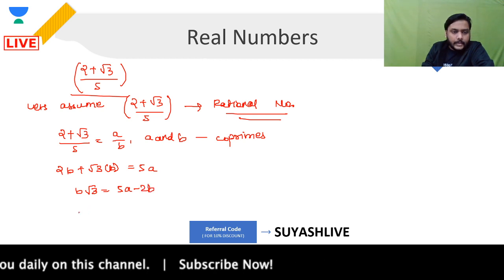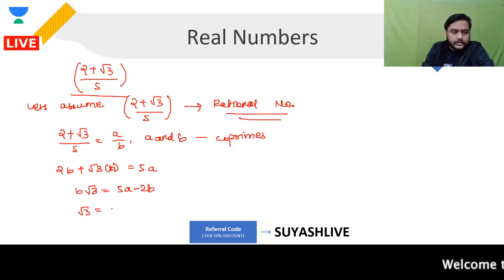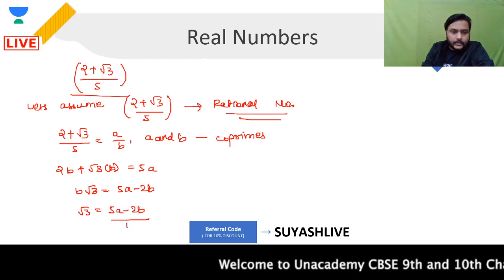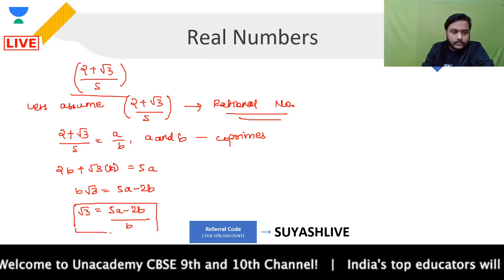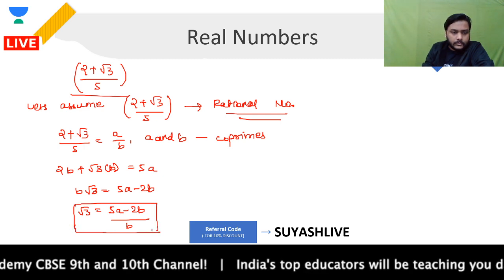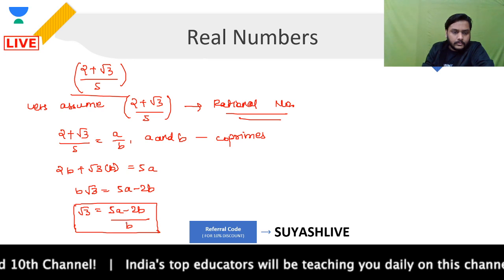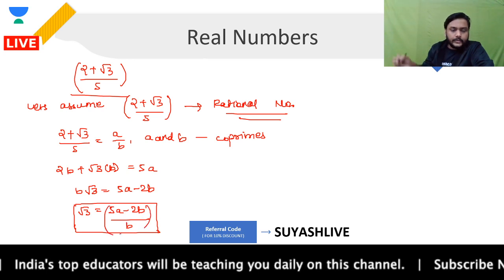And from here, root 3 is equal to 5a minus 2b upon b. Are you clear with this, guys?